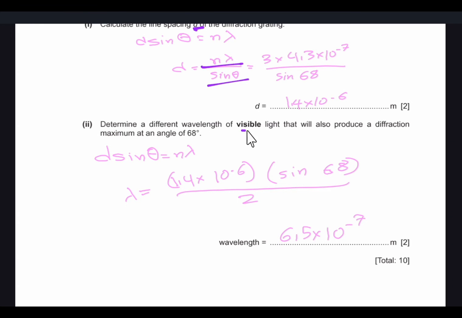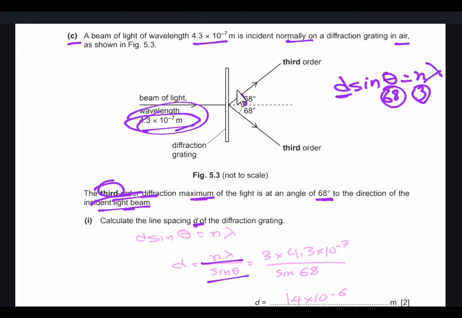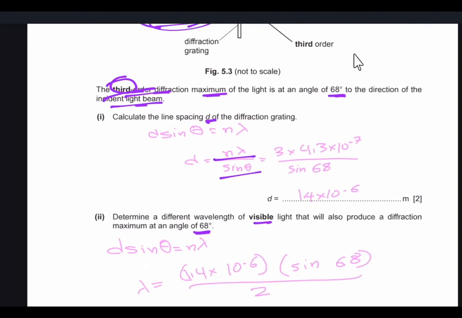Determine a different wavelength of visible light that will also produce the diffraction maximum at an angle of 68 degrees. Since it mentions another beam of light, and as the earlier one was third order maximum, we have to choose second order maximum.